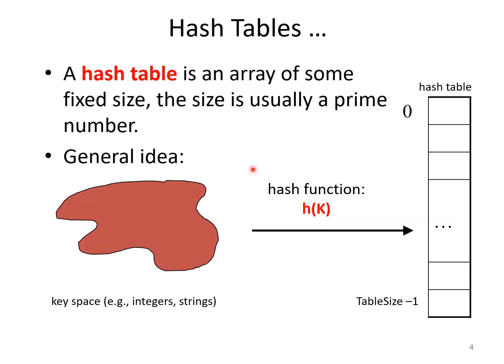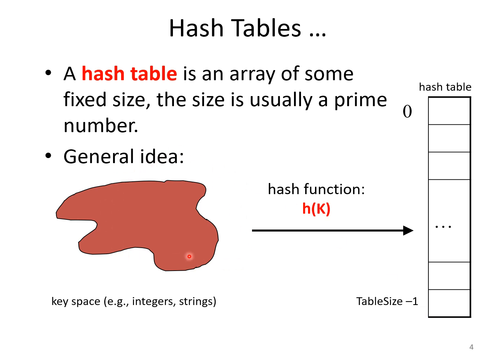This is just an illustration of a hash table. Similar to any other table, that is an array, a hash table contains locations from 0 to n minus 1, or table size minus 1. If, for example, your table size is 10, then the locations will be 0, 1, 2 and so on to 10 minus 1, that is 9.